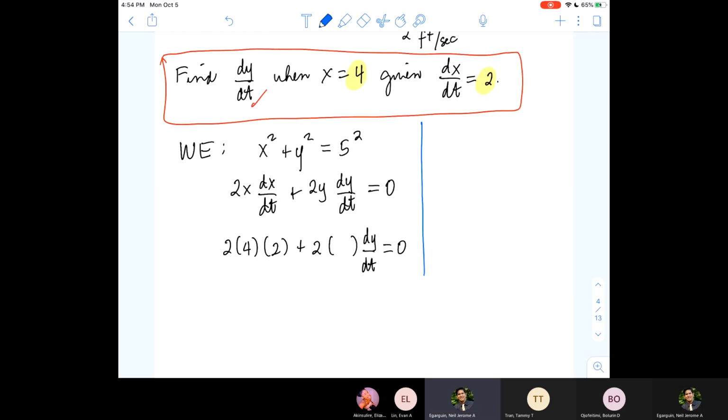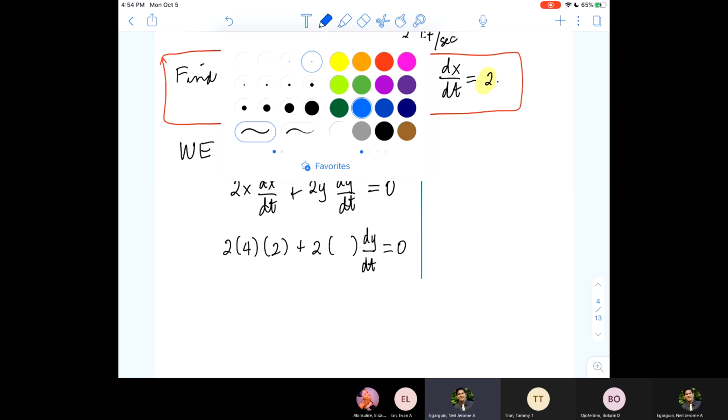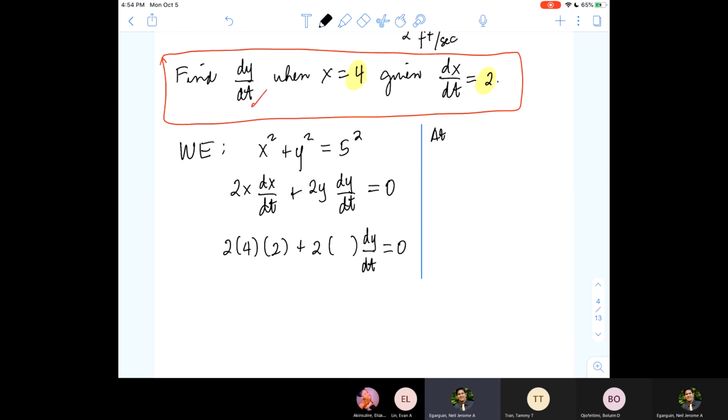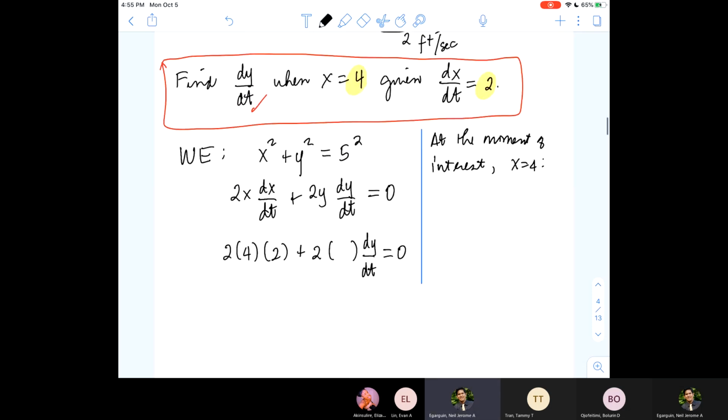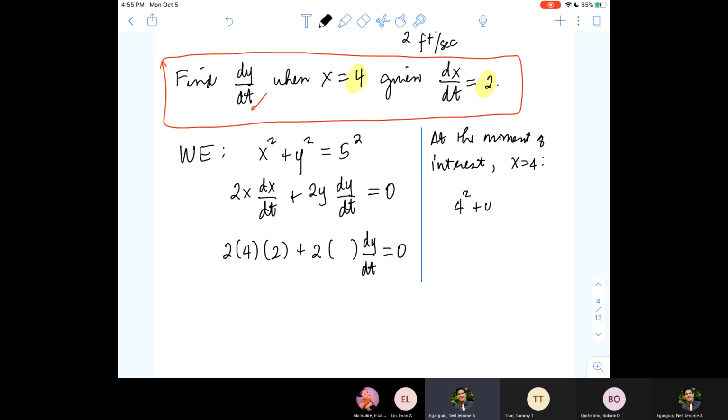Now we'll try to determine the value of y at the particular moment of interest. So at the moment of interest, we know x is equal to 4. And so from the working equation, the Pythagorean theorem, we have 4 squared plus y squared equals 25.